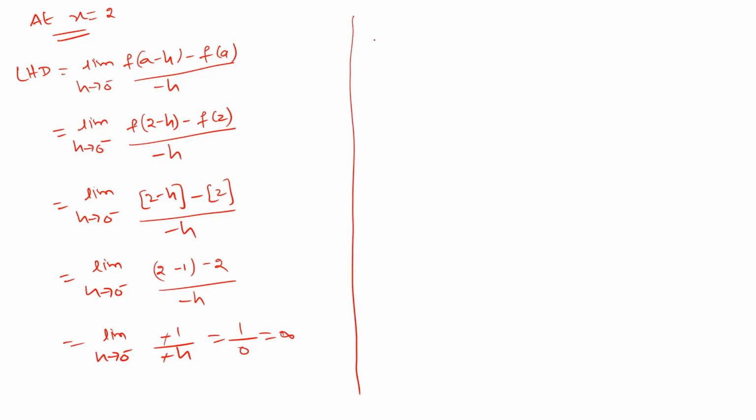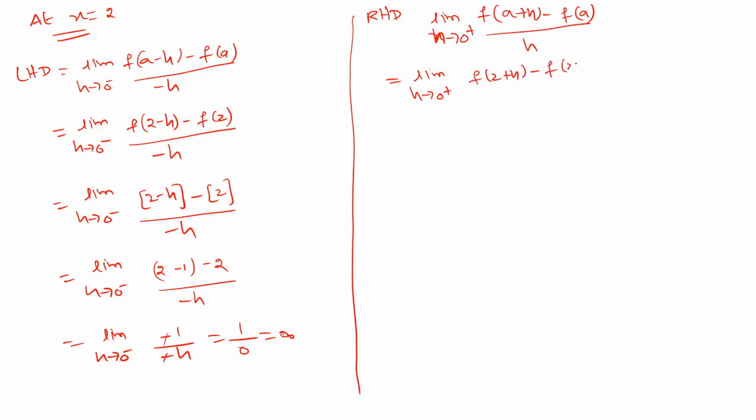Next, we are finding the RHD value. So RHD is also limit h tends to 0 plus of f of a plus h minus f of a divided by h. Okay. So limit h tends to 0 plus of f of 2 plus h minus f of 2 divided by h.